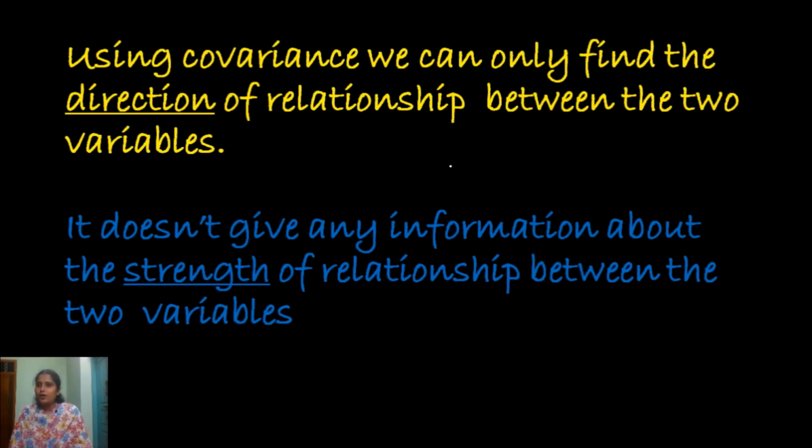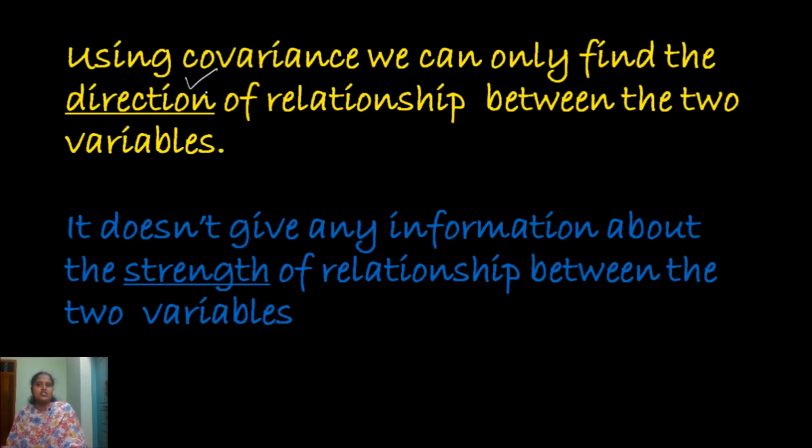From these two problems which we have discussed now, it is clear that using covariance we can only find the direction of relationship between the two variables. We just know only the direction. Either they are positively related or negatively related.